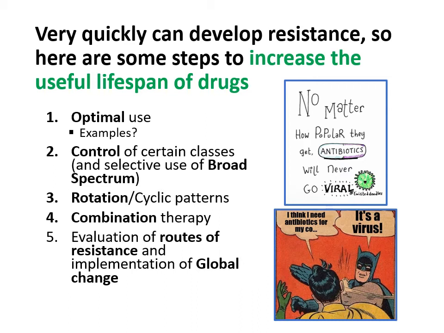They're killing even more variety of the normal flora. Okay, so they're allowing for even more space and resources for the bad guys to then flourish. So you want to limit the use of the really powerful, very broad drugs so that you avoid that issue. Okay, you want as few normal flora to be killed as possible.